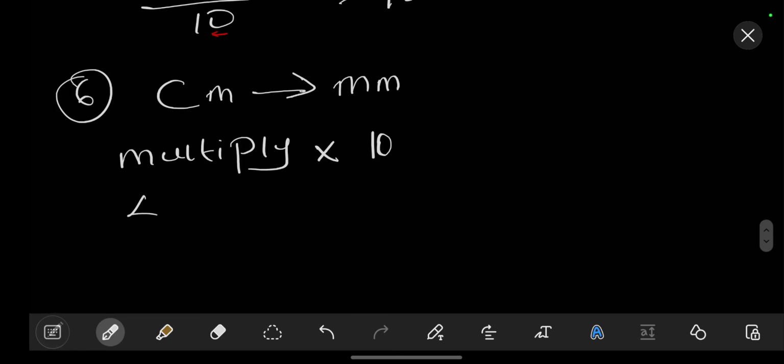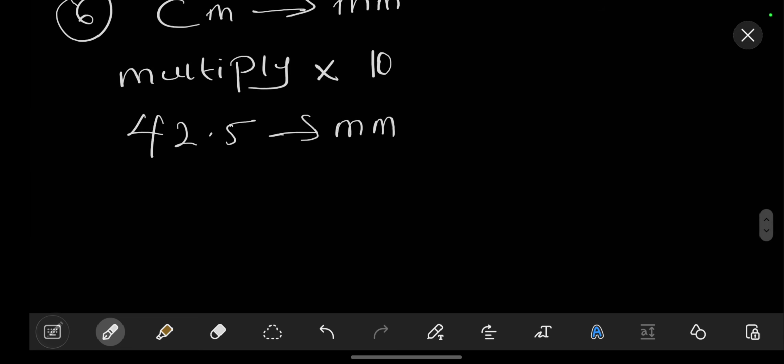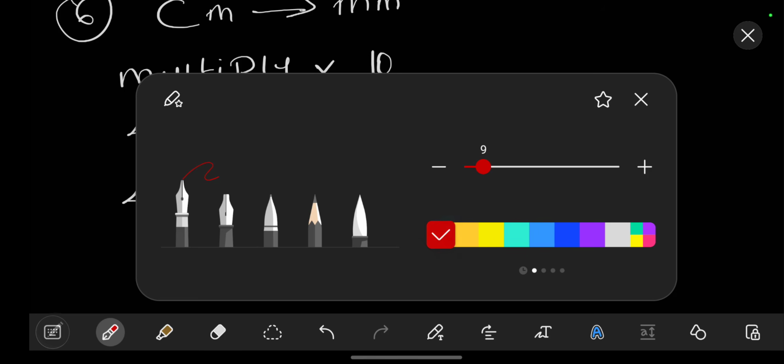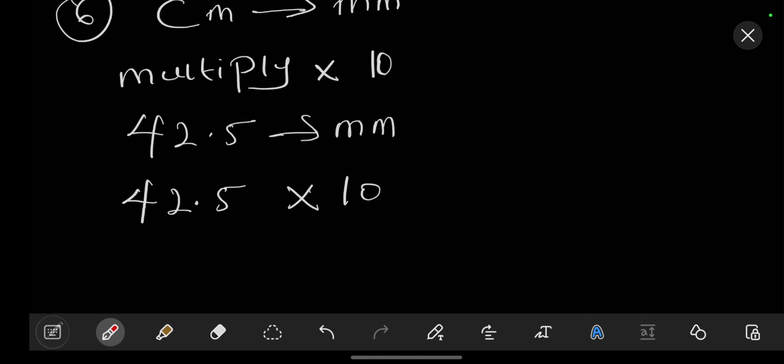So we simply have to take that value, 42.5, to millimeter. We have to multiply it by 10, which is 42.5 times 10. So no need for a calculator again. We have to move the decimal forward because we are multiplying.